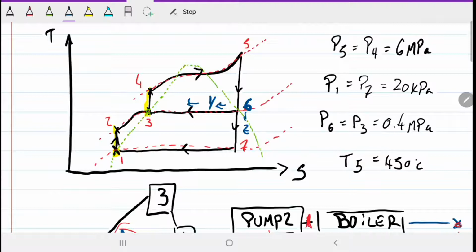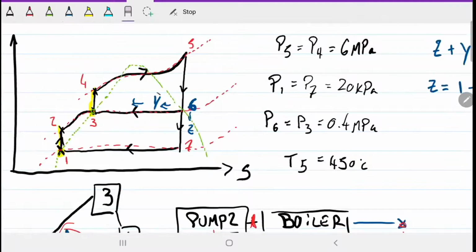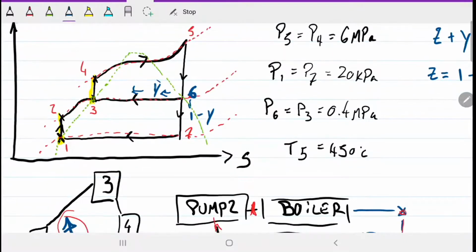Because we can't create or destroy any mass, whatever Z plus Y are, it's going to be 100% of the original mass of water. So we can rewrite Z as 1 minus Y. In other words, Y is the portion that goes to the open feed water heater, and 1 minus Y is whatever goes through the second turbine.